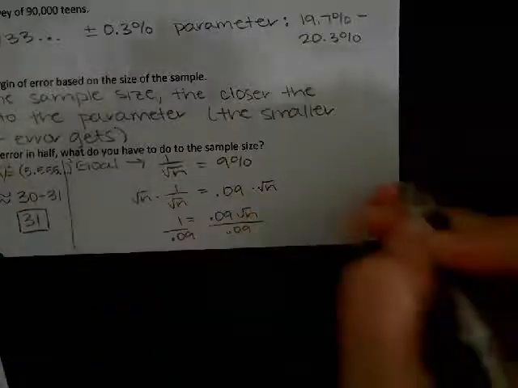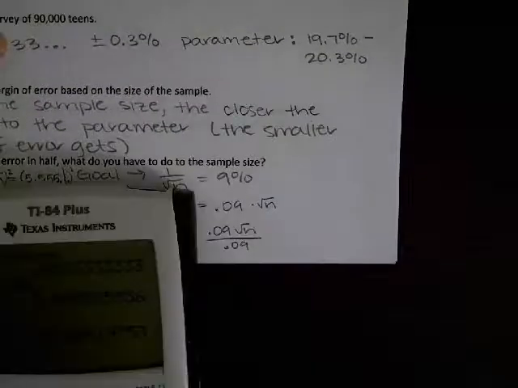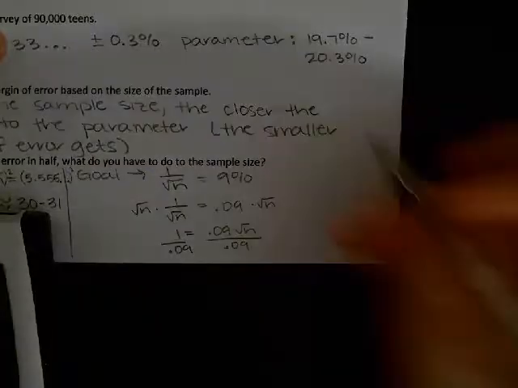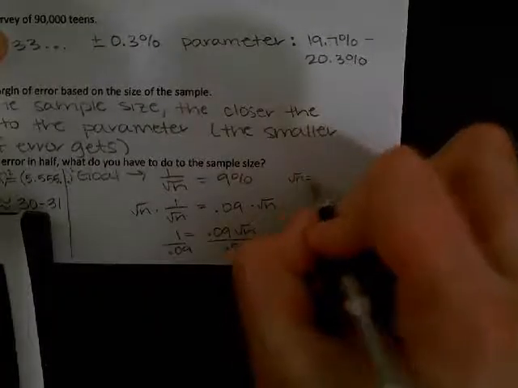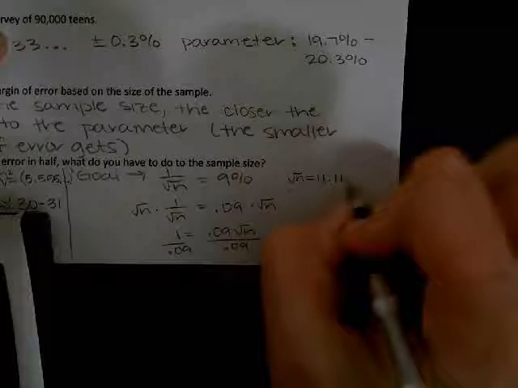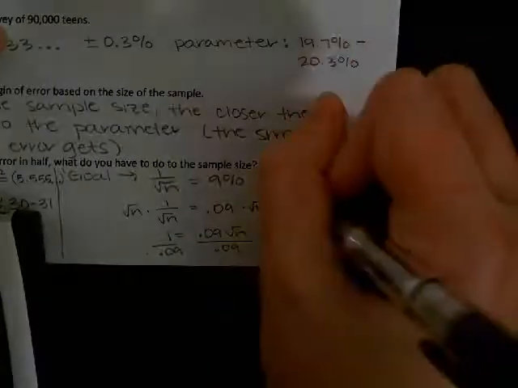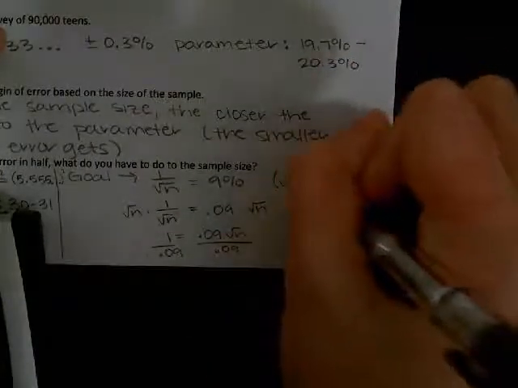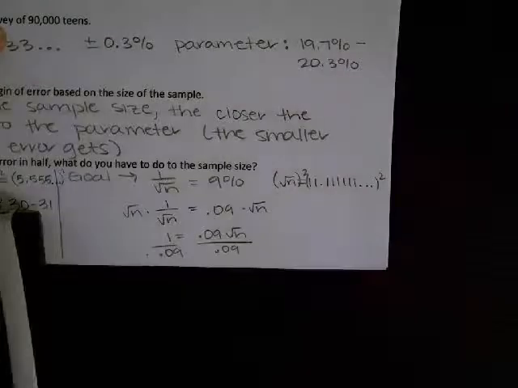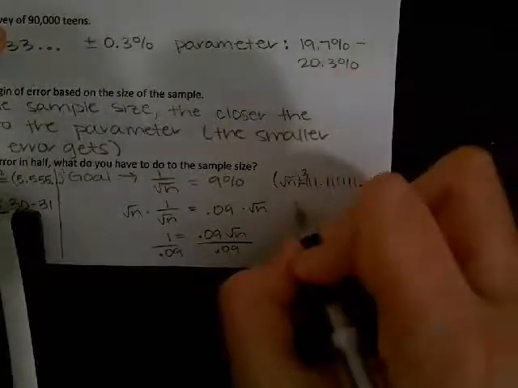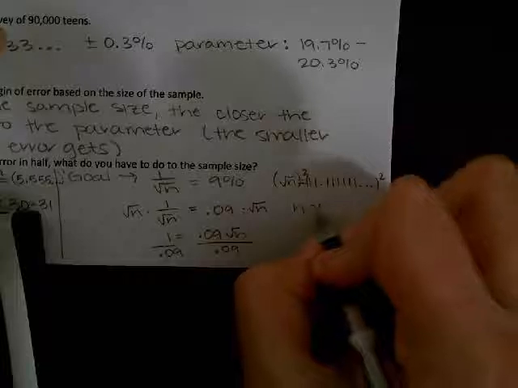So 1 divided by 0.09 is, so square root of n equals 11.11111 repeating. I'm going to go ahead and square both sides. So I get n is approximately 123 to 124.